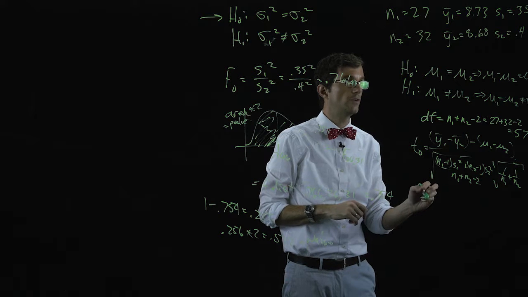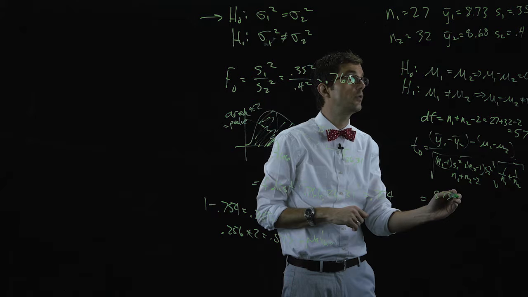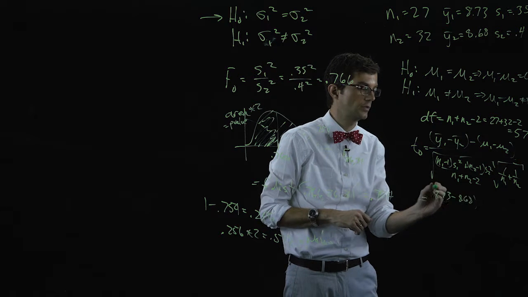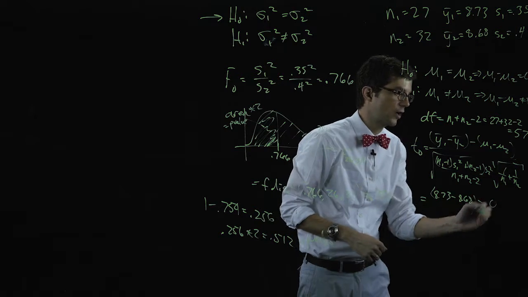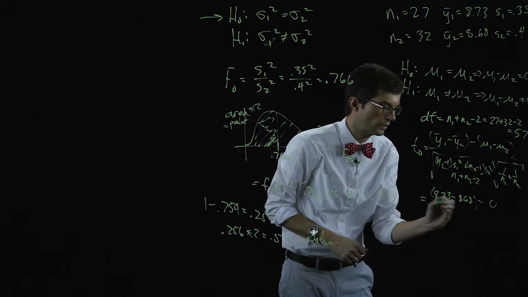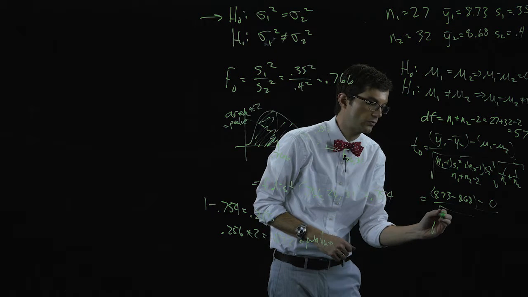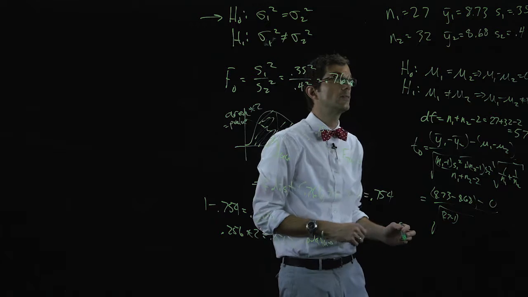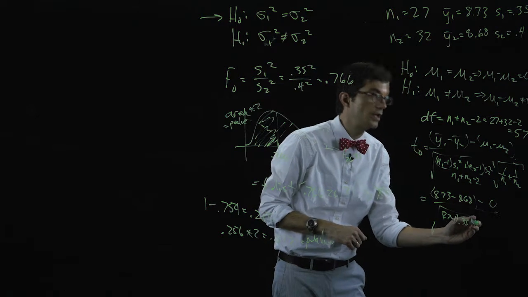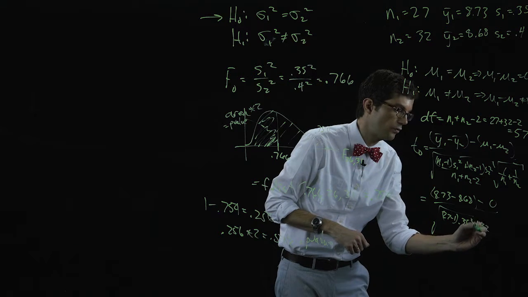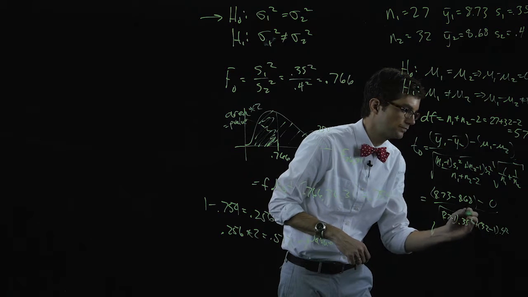Okay? So we've got y1 bar, 8.73, minus y2 bar, 8.68. We're going to calculate that sample evidence, how different that sample evidence is from 0, the hypothesized difference we want to determine, over n1 minus 1, that's 27 minus 1, times s1 squared, 0.35 squared, plus n2 minus 1, 32 minus 1, times s2 squared, 0.4 squared.